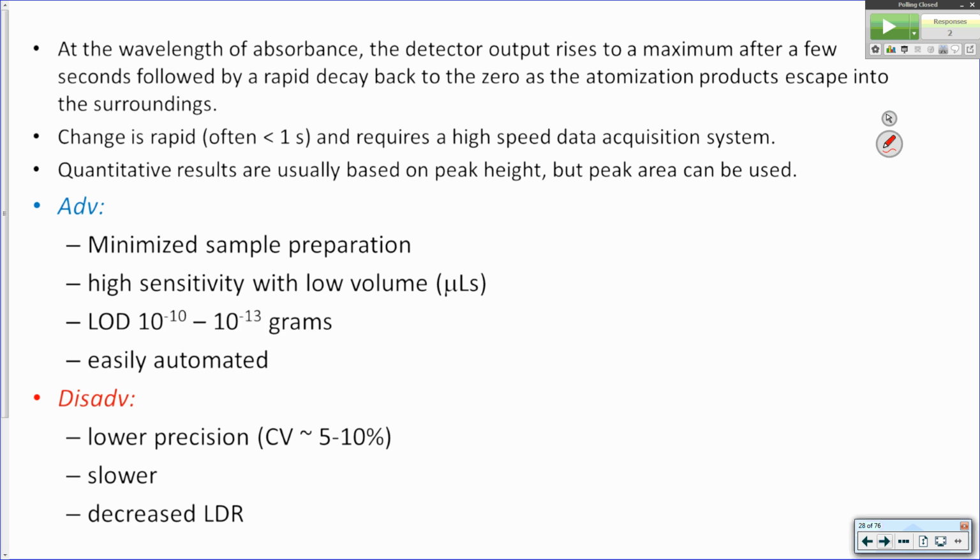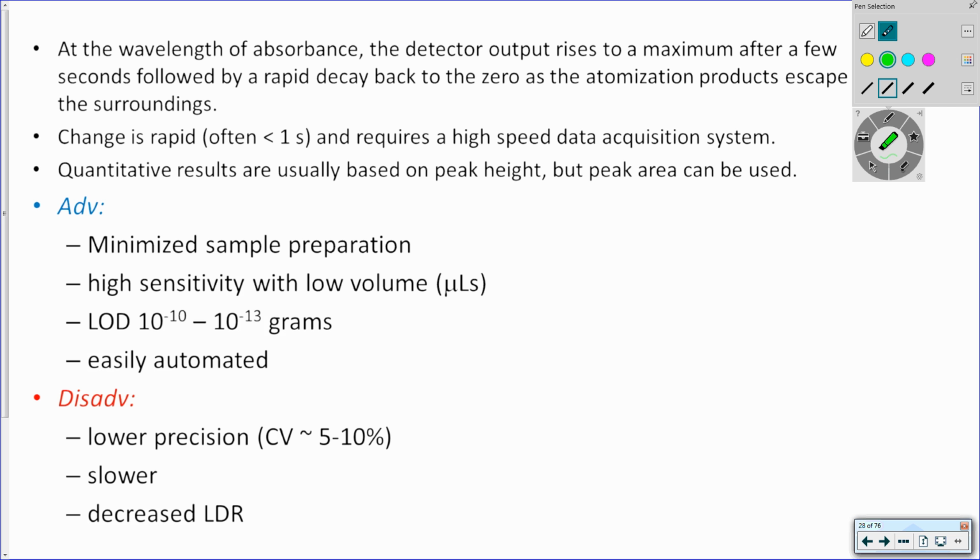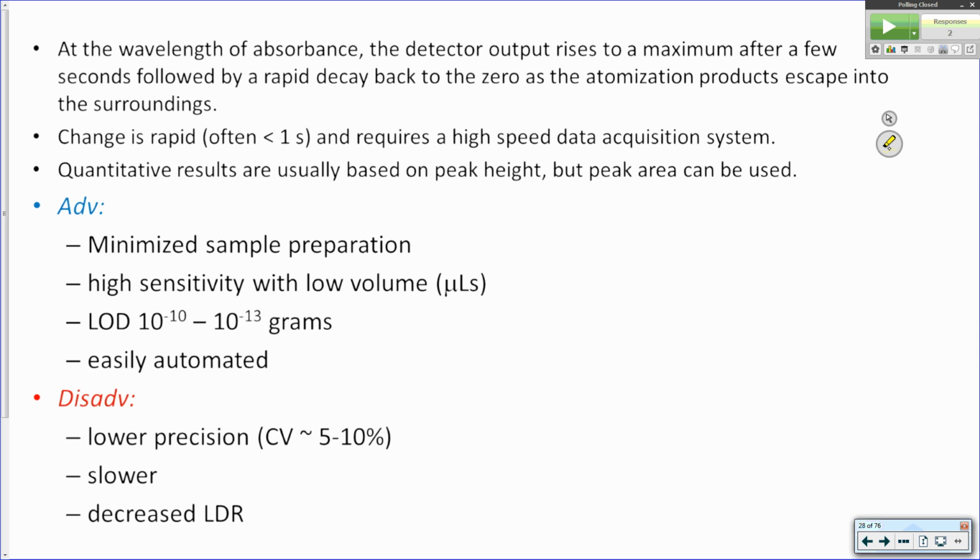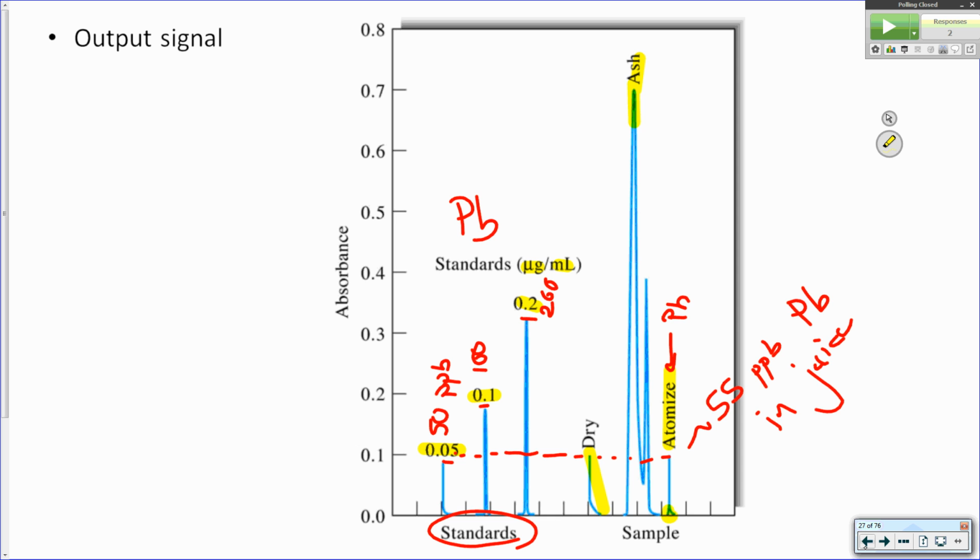All right. Now, the advantage to graphite furnace is that the detector signal rises to its maximum in a few seconds, and then decays back to 0. It goes up for a second or two and then quickly comes back down.